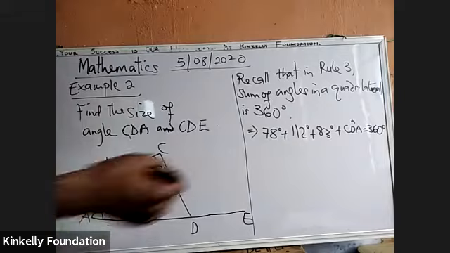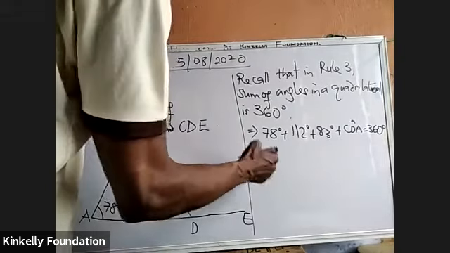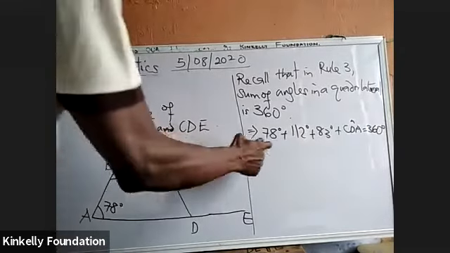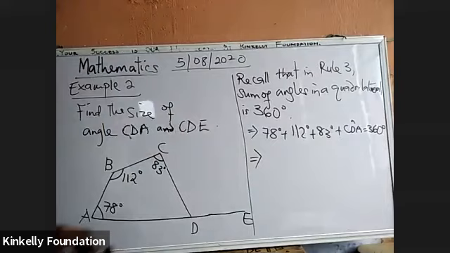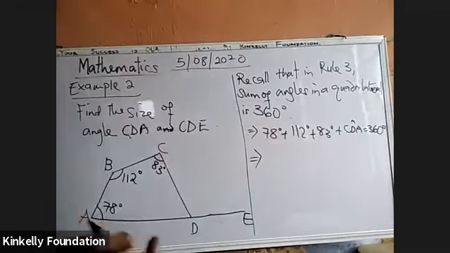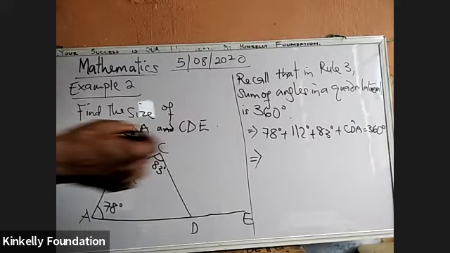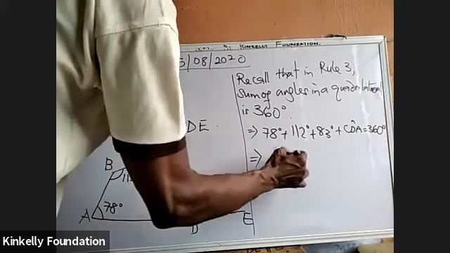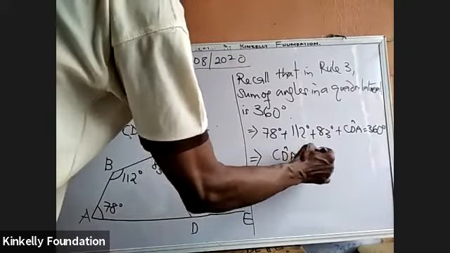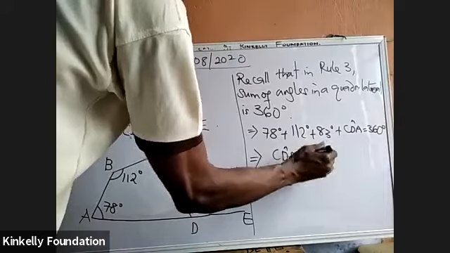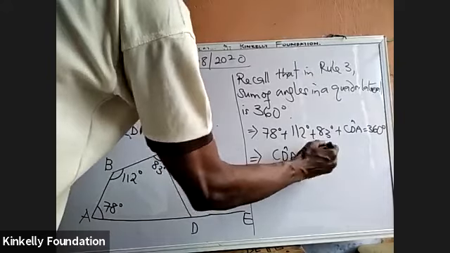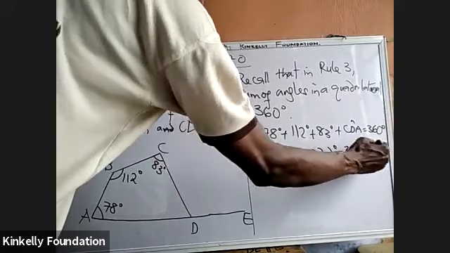When you sum all of this, 78 plus 112 will give us 190 degrees. 190 degrees plus 83 degrees gives us 273 degrees. Which means angle CDA plus 273 degrees is equal to 360 degrees.